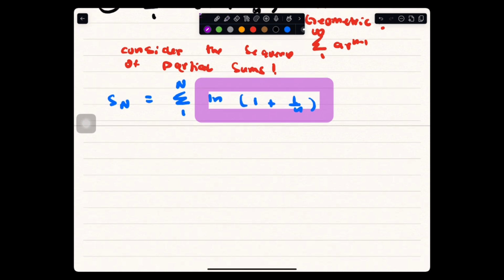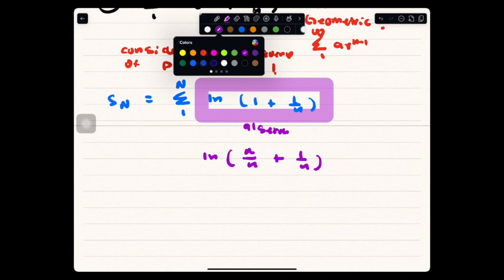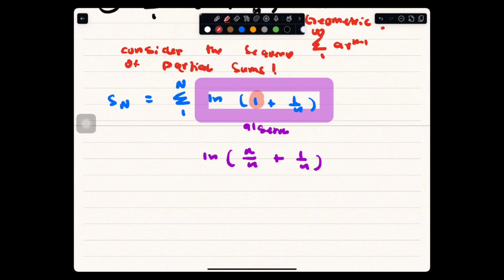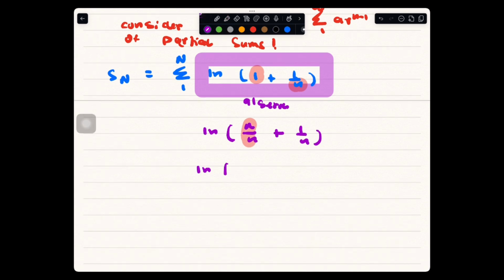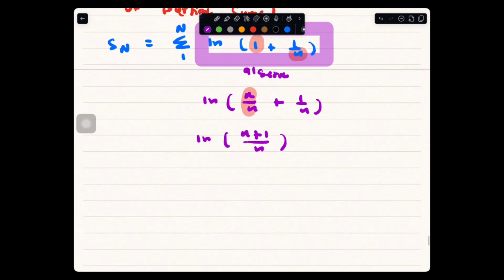But by algebra and properties of logs, we know this is the natural log of n over n. Replace that number 1. Okay, replace 1 with what? See that n? n over n, and you say why? Because now I can add, meaning I have n plus 1 over n. And then by properties of logs, I'm using the quotient rule.